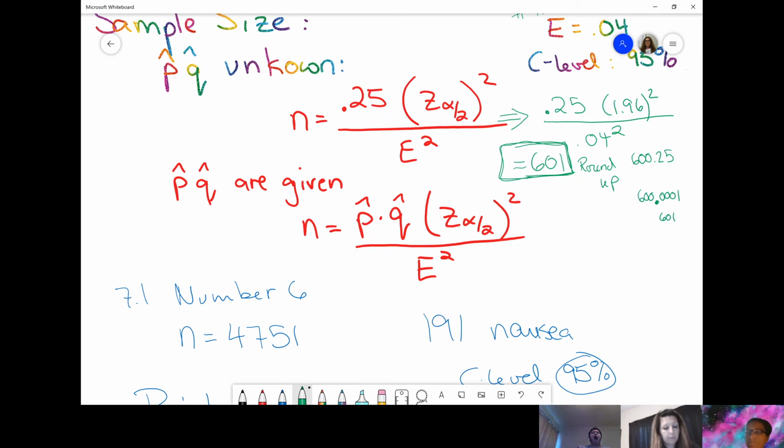Okay. Now let's do B and then we're done. Assume prior studies have shown that about 60% of full-time students earn bachelor's degrees in 4 years or less. So in this case, p hat is given. P hat is 60%.